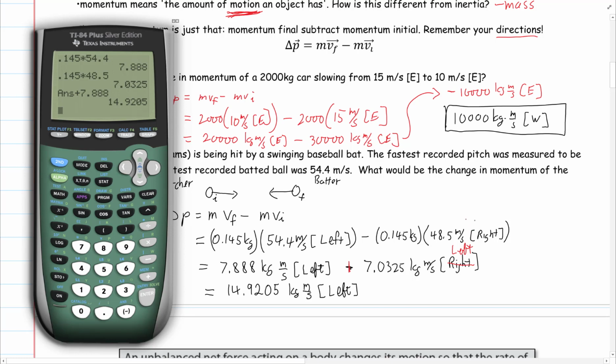We add them and it becomes 14.9205 kilogram meters per second left. That's the change in momentum of that baseball. Any questions? I don't see any hands, so let's go on.